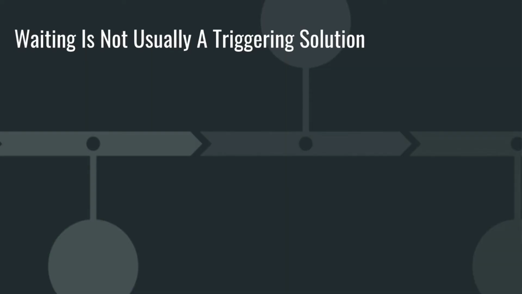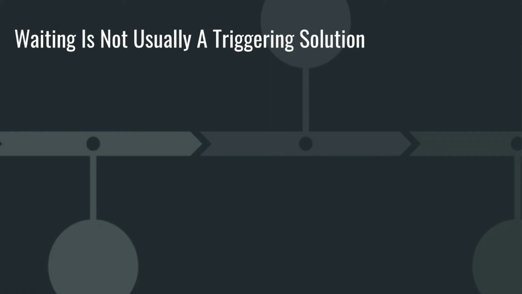Now, as far as triggering events, one of the things that a lot of people might try to do is wait a certain amount of time. Let's say you have a game starting and you want to wait until 10 seconds in before you start the game, and then you'll play your sound.